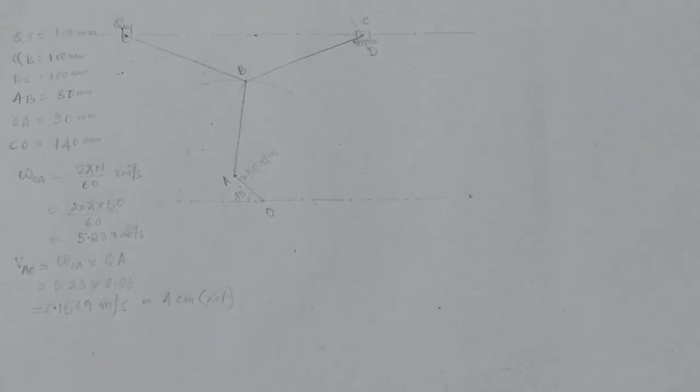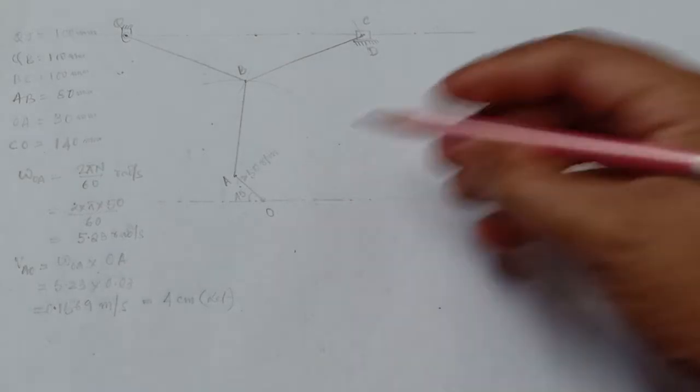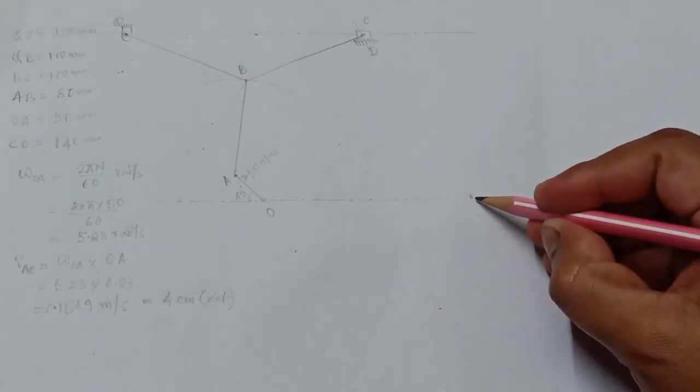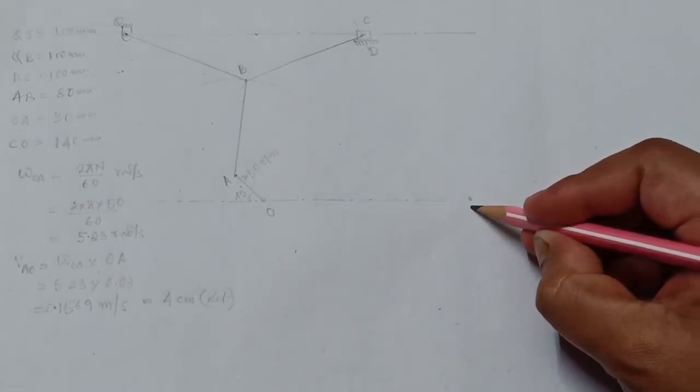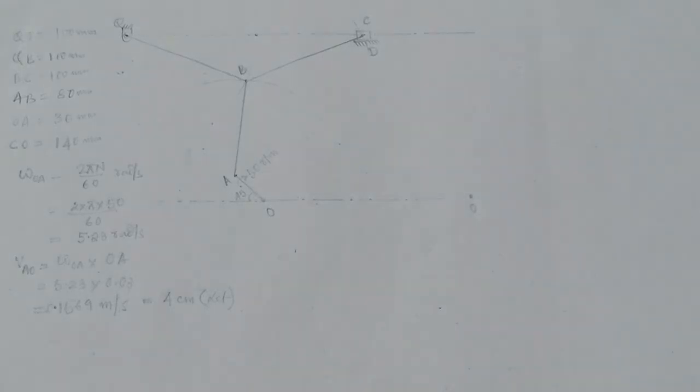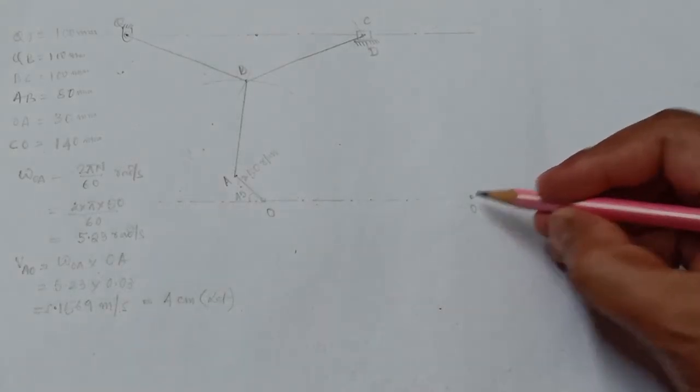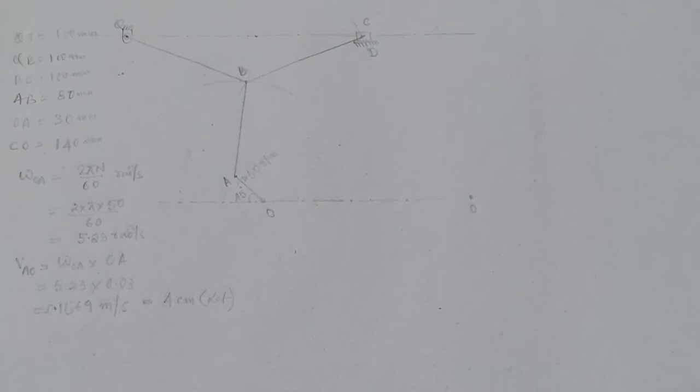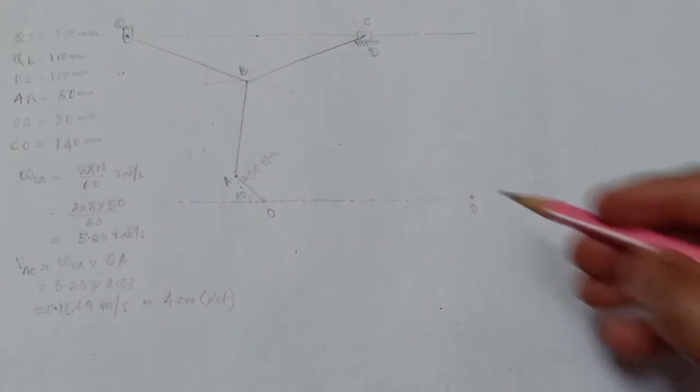Now what to do? This point is O. Suppose I am giving this point as O. I could also label it Q and D, but till now let it be a representation of a single point.